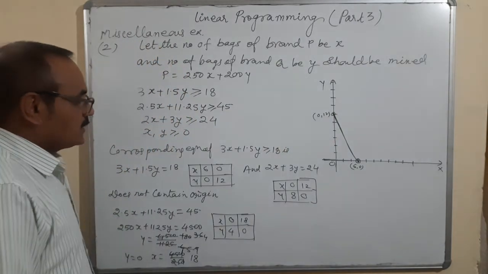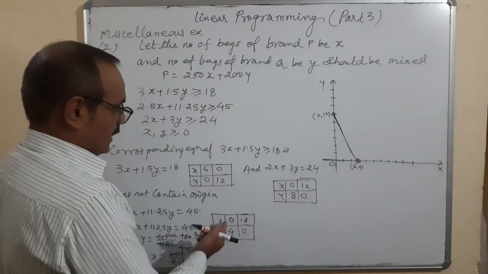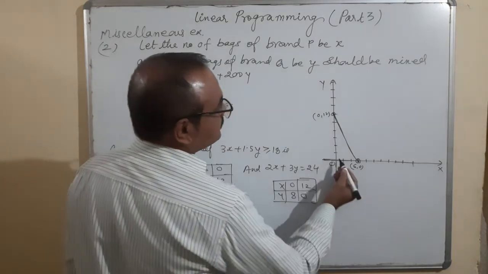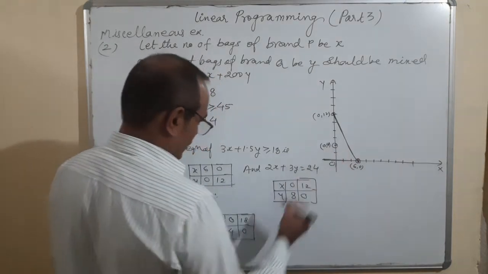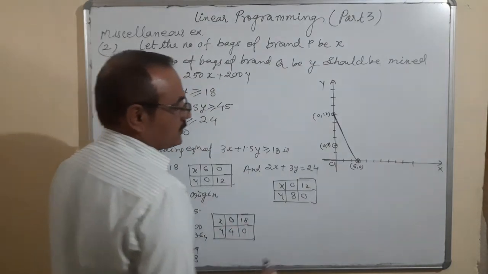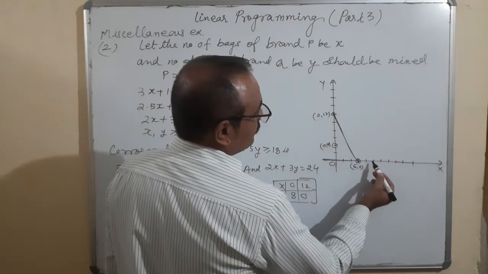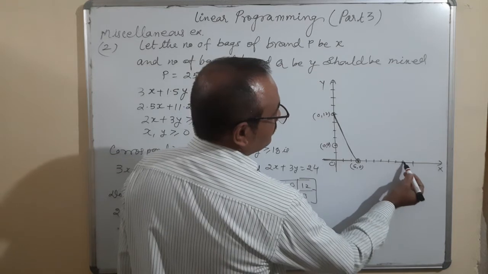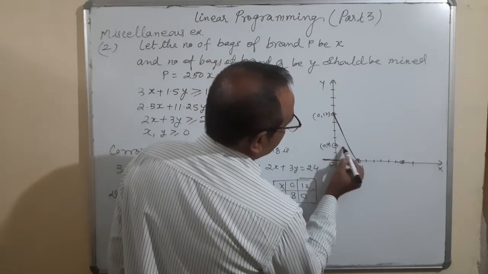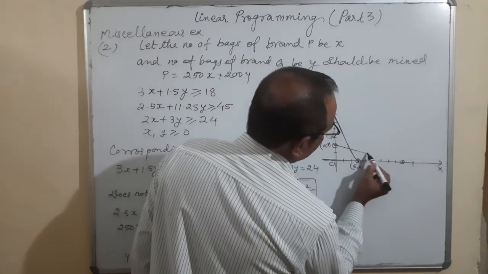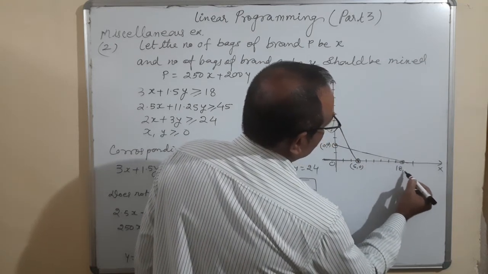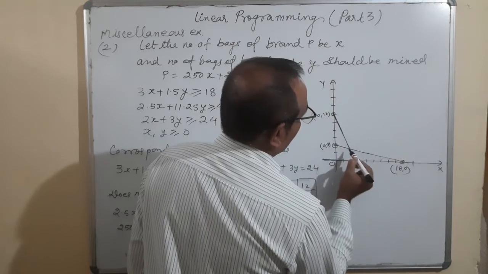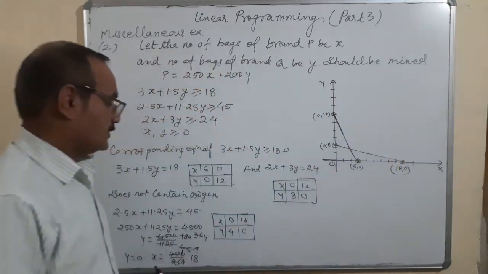The shaded portion. The second is 0 comma 4, x is 0, y is 4, and 18 comma 0. It is also away from the origin.